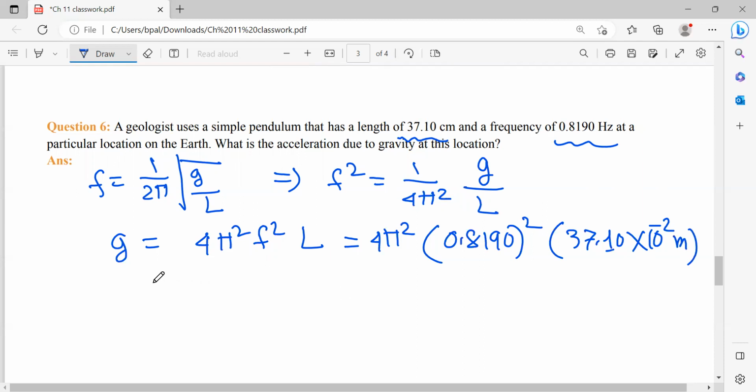If you plug all these values in your calculator, it should give you 9.824 meter per second square. So here you see that it is very close to 9.80. So this is the acceleration due to gravity at the location where this experiment was done.